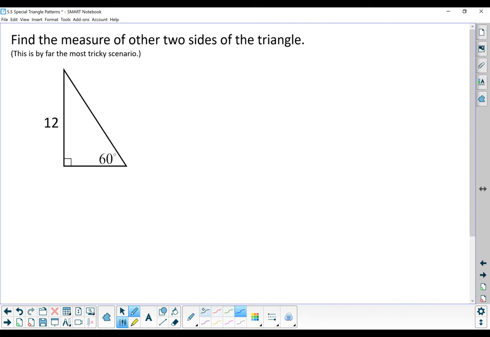So since I'm working backwards towards my short leg, I'm going to take that length and divide it by root 3. You can do that in your calculator, and your calculator is going to give you 4 root 3 as the short leg. And so now that I have that length, I can times it by 2 to get the hypotenuse, which will be 8 root 3.